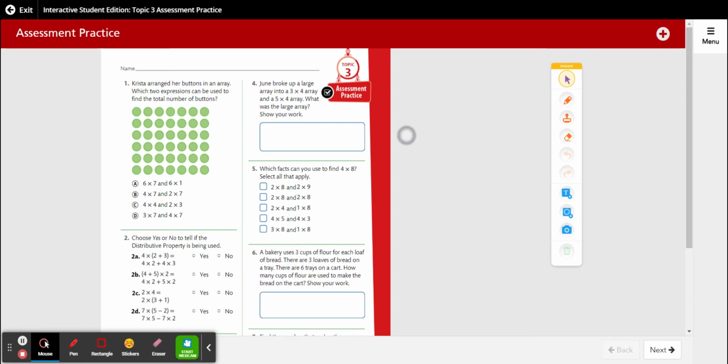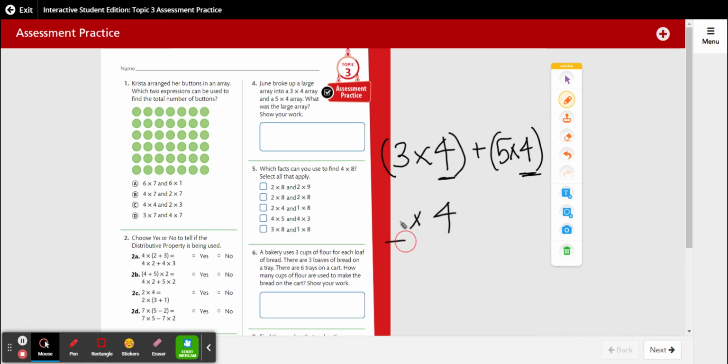So we have 3 times 4 plus 5 times 4. Okay, what factors did they keep the same? The 4, right? So we can put that right here. The question is, what goes there where the question mark is, the unknown?